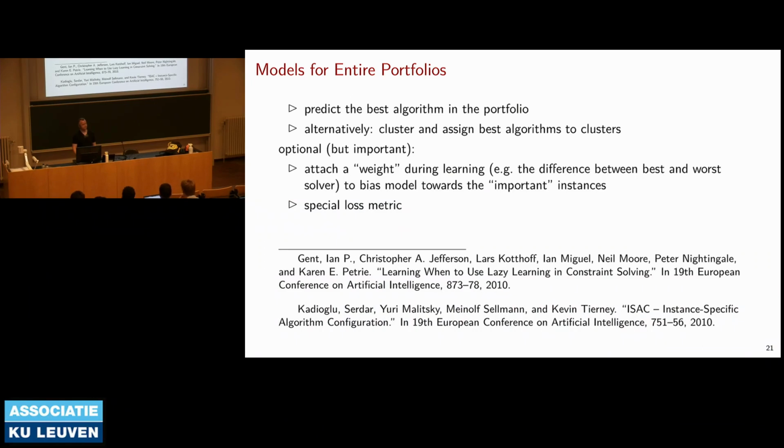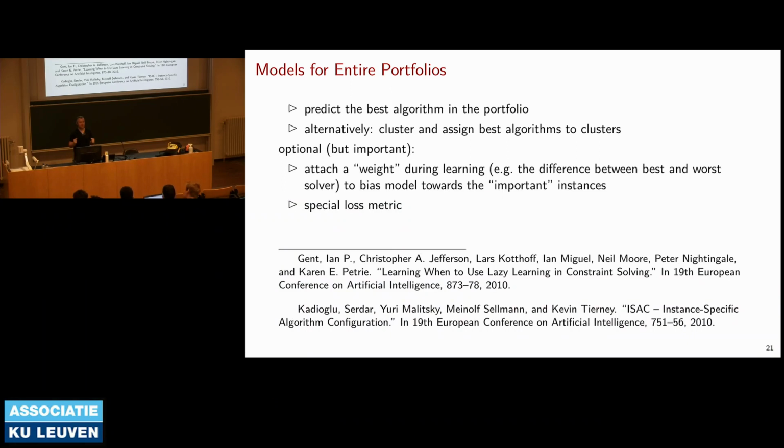In particular, if you're treating your algorithm selection problem like this, then you do want to attach some kind of weight to each instance, because remember the graph that I showed you way back at the beginning? For some of the crosses there was really very little difference between the approaches, and for other instances, there was a massive difference. So we want to put emphasis on the problems where there is a massive difference, because these are the ones we care about, the ones we want to get right.